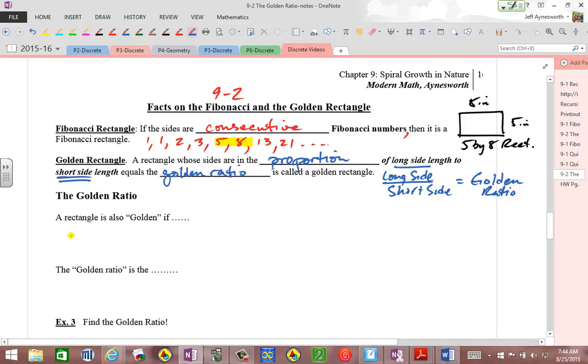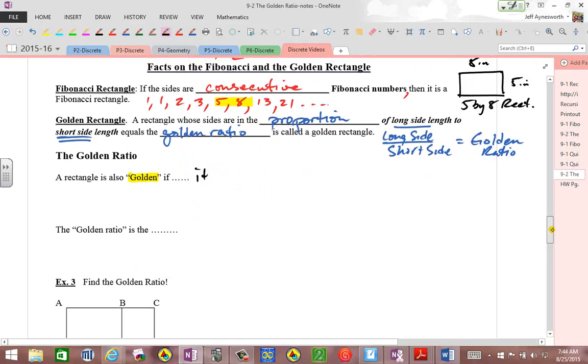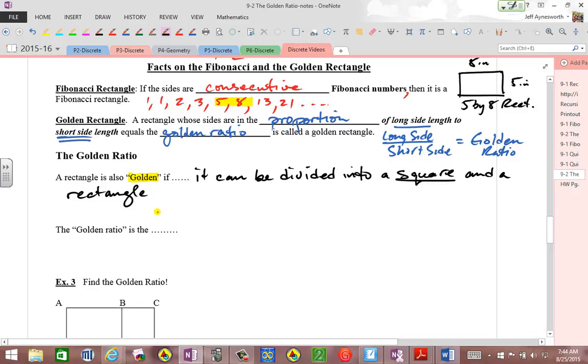It is also said, and this is put in a little bit different way because we need this in the derivation and also the construction, that a rectangle is golden if it can be divided, now check this out, divided into a square, underline square here, because this is important, and a rectangle that is similar to the original rectangle.